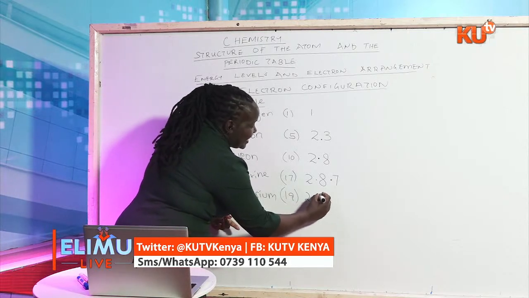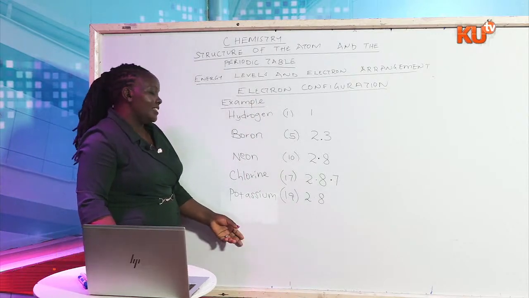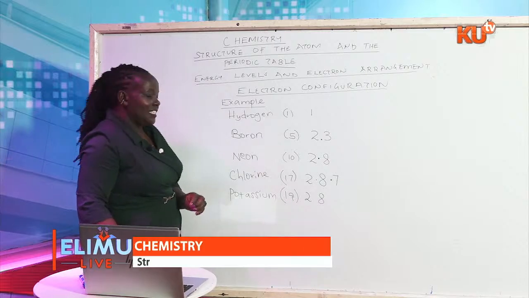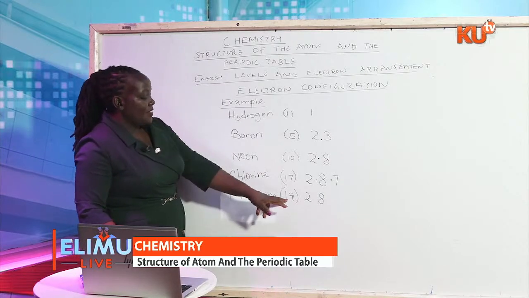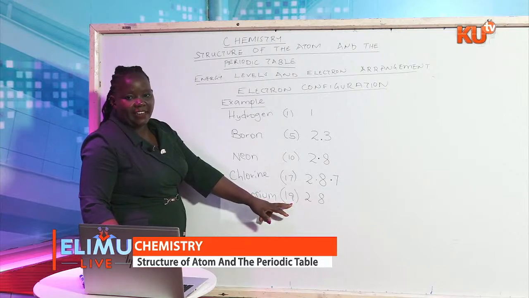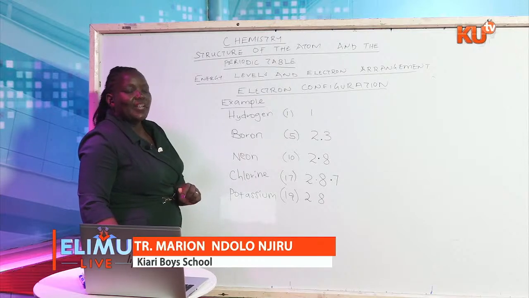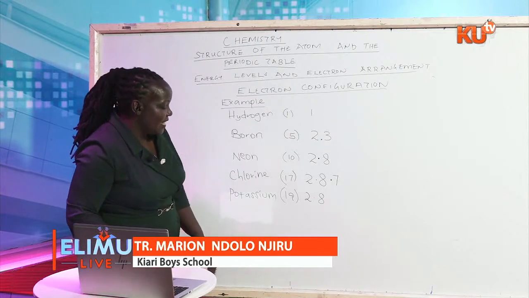Then the next energy level accommodates a maximum of 8. At this given point, we have 10 electrons. So 19 minus 10 is 9, correct?